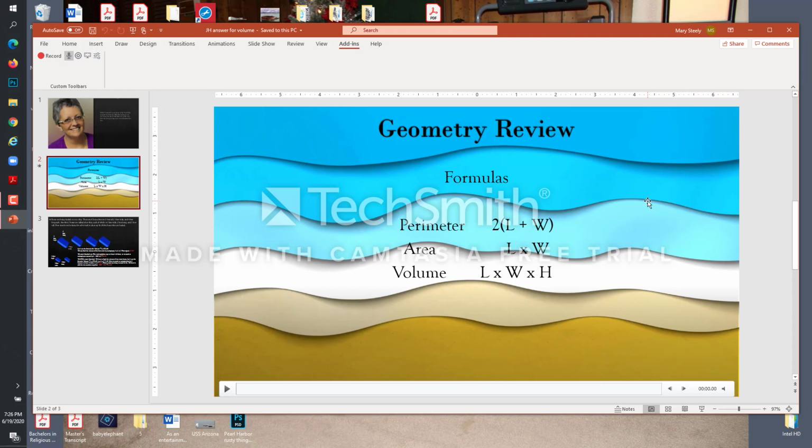You really don't have to do that, and you won't see it very often that way. It'll just have the 2 next to the parentheses, or it might be a 3, or whatever. But anyway, that means multiplication. Okay, so now let's go to area.